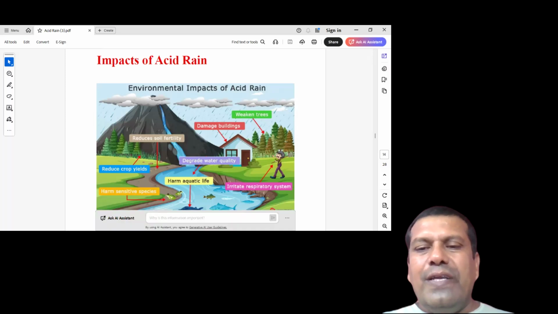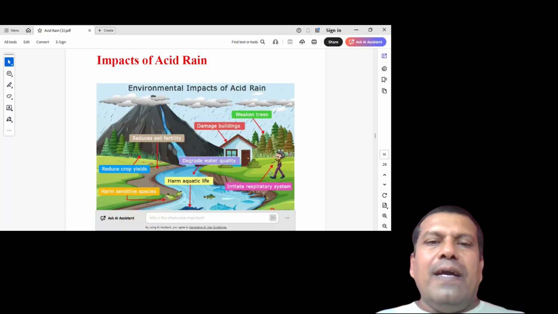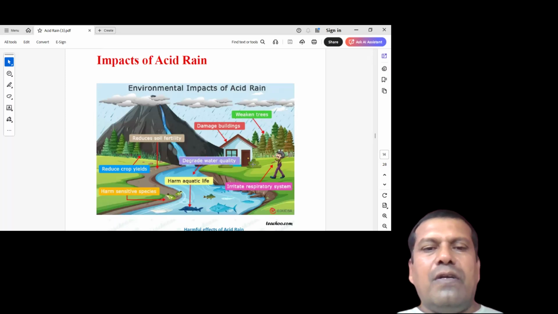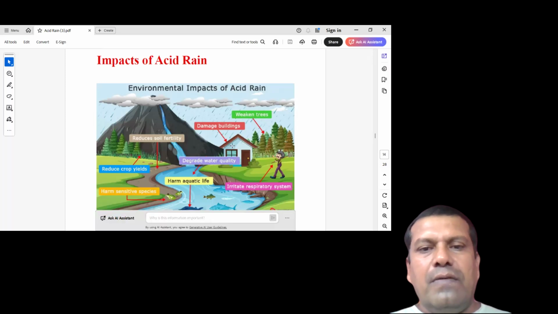It also irritates the respiratory system and causes breathing issues for the lungs, irritating the respiratory organs of humans as well as other living beings. That is one of the impacts created by acid rain.